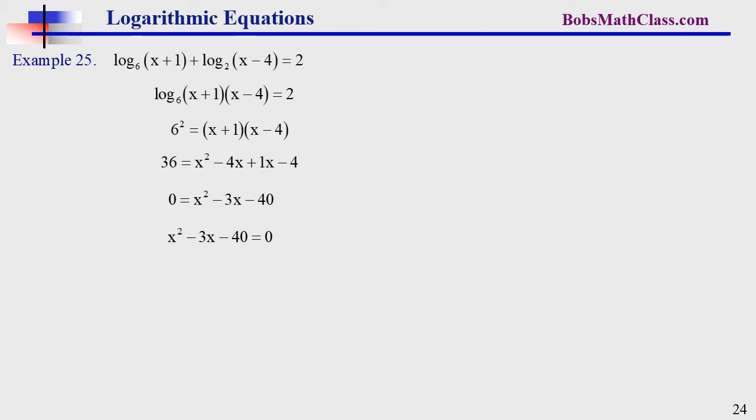Factors of 40 that subtract to be 3. Yeah, that would be 5 and 8. A -8 and a +5. So we got two answers. We got x equals 8 and x equals -5. Do they both work? 8's good. How about -5? No. So our answer is only 8.